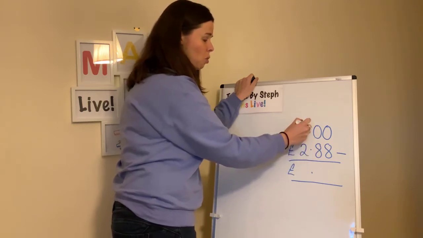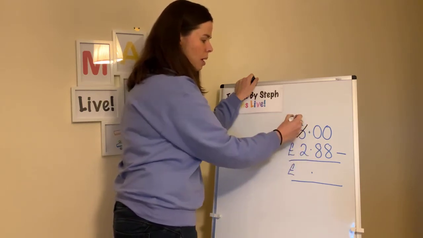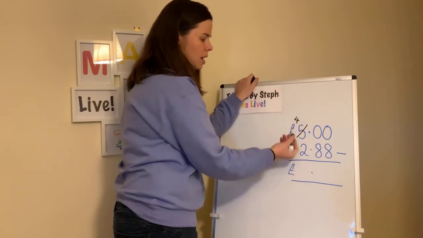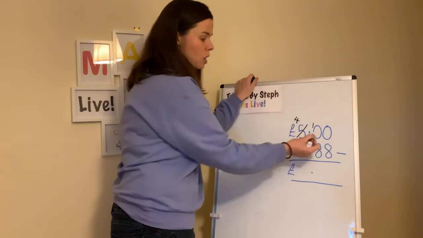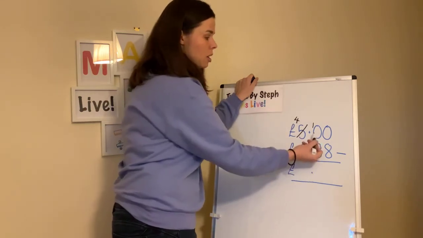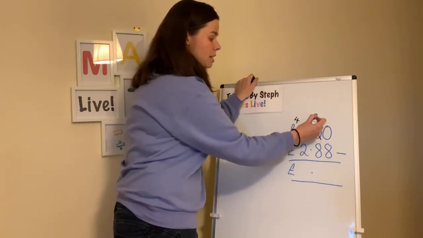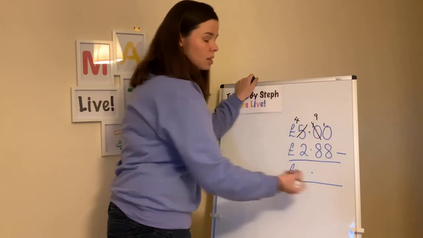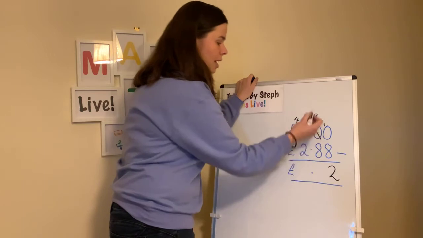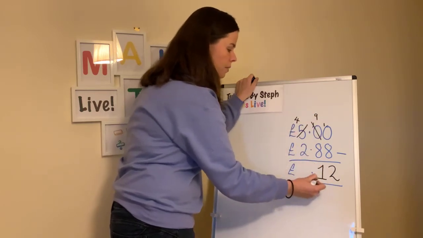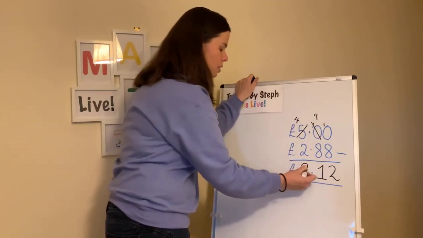So we have to go all the way across the 5. Make that one less. The one that we've got, we carry across here. But we can't do this calculation because we need to still give a 1 to the right-hand column. So 10 take away 8 is 2. 9 take away 8 is 1. 4 take away 2 is 2.